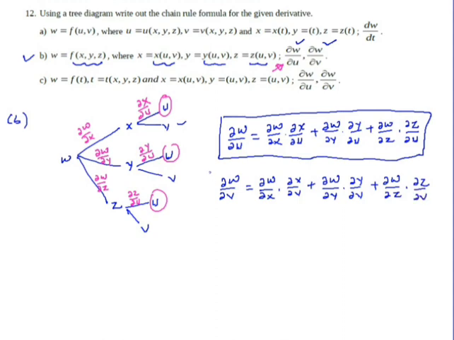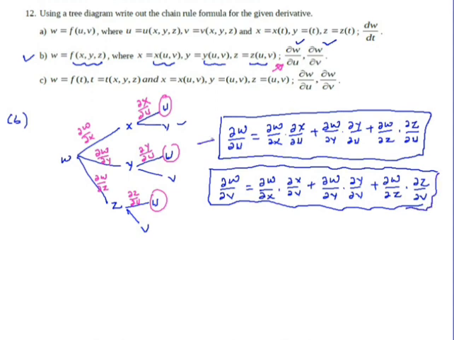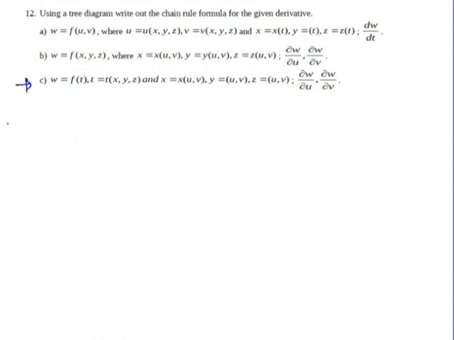So this is the required partial derivative of w with respect to v. Okay, this is the chain rule we apply for the given question.